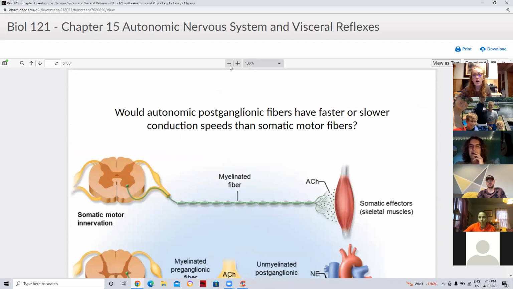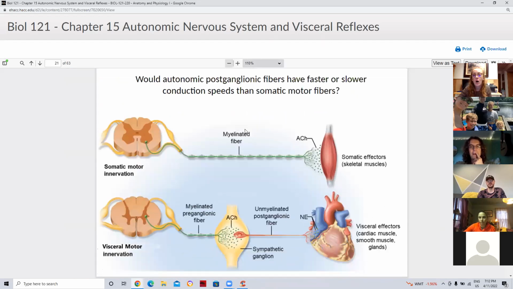So would autonomic postganglionic fibers have faster or slower conduction speeds than somatic motor neurons? Slower, right? Why? Because there's no synapse in between.